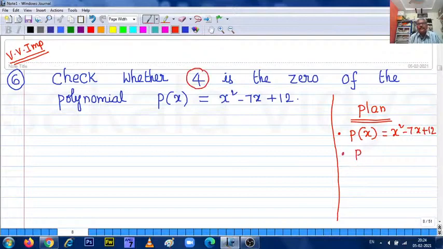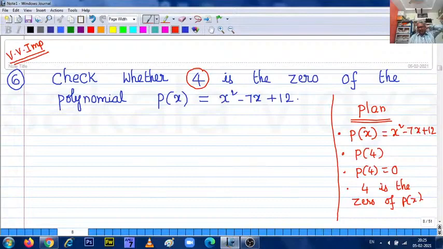So that means find P of 4. Suppose P of 4 equals 0, then we say that 4 is the zero of P of x.